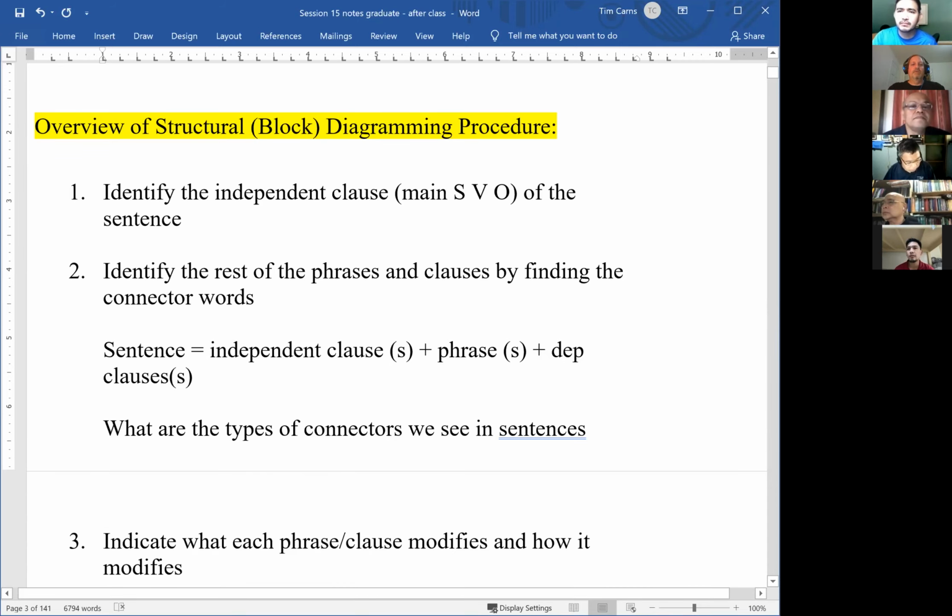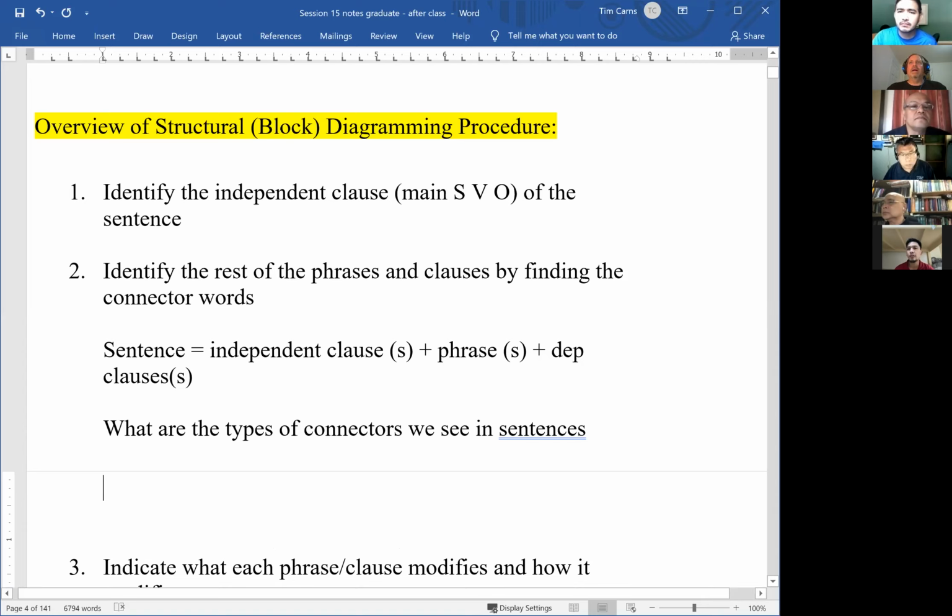And. What kinds of connector words? We had 4 categories, or 4 types. Oh, do you remember? Coordinating? That is a subcategory of one of the categories, the one we looked at last week.